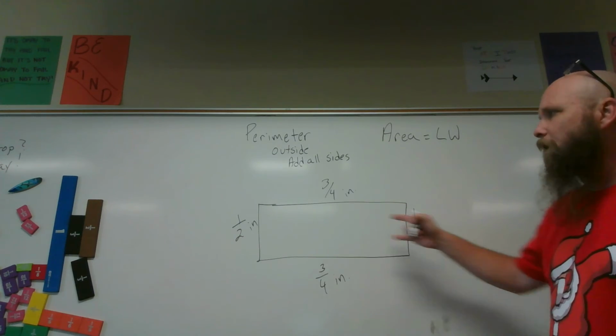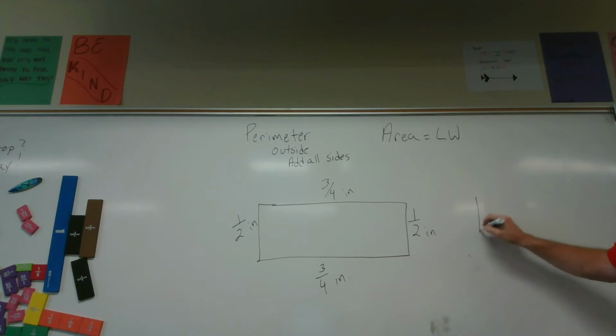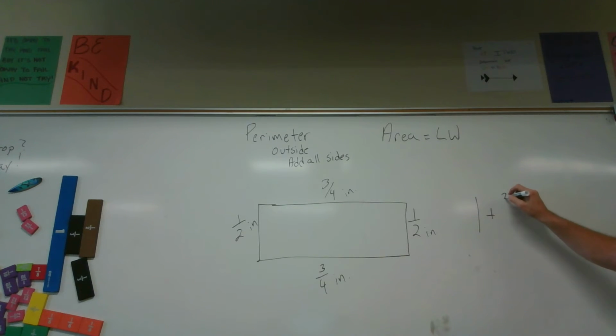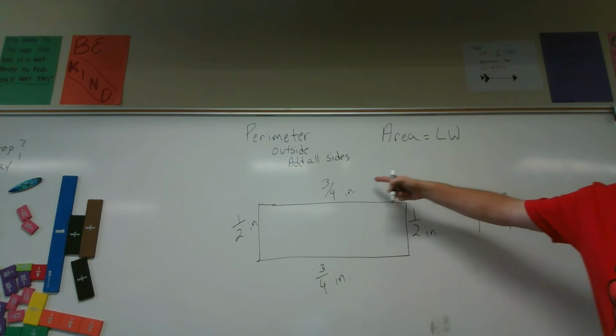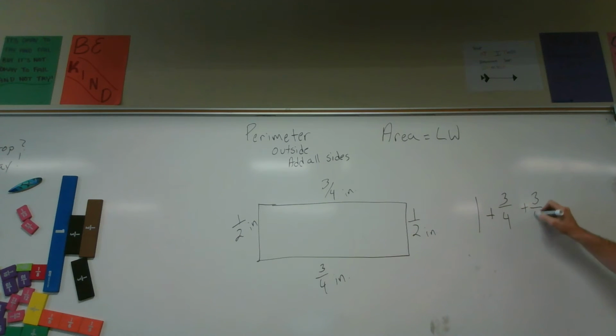Right now, what's 1/2 plus 1/2? 1 whole. So I have 1 inch plus 3/4 plus 3/4. So I have 1 and 6/4. Then I need to change 6/4 to a mixed number.